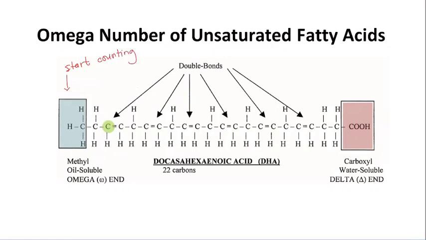So one molecule that was mentioned by you guys when you unmute yourself, but also in the chat, is DHA. As you can see, DHA, which has that ginormous name, has 22 carbons in length.